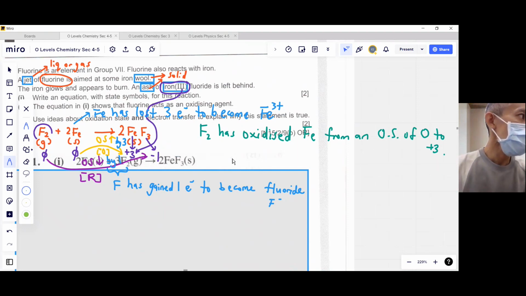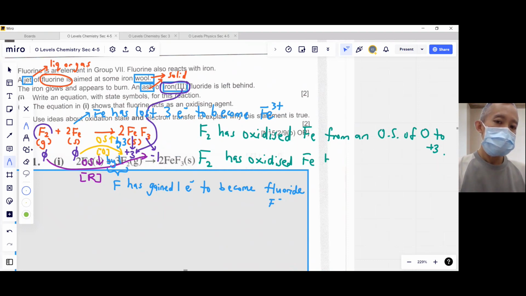But the question also asks you for electrons. Fluorine has oxidized iron by removing, on this one, let me rephrase this.